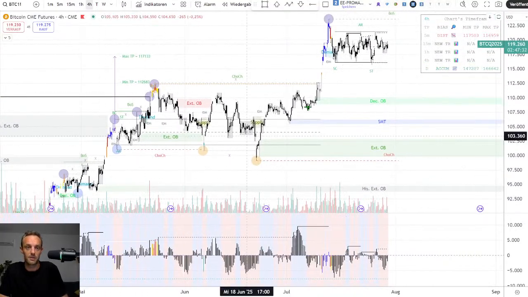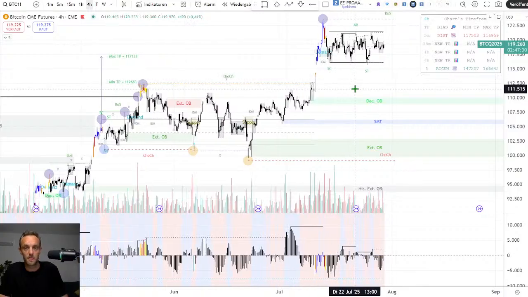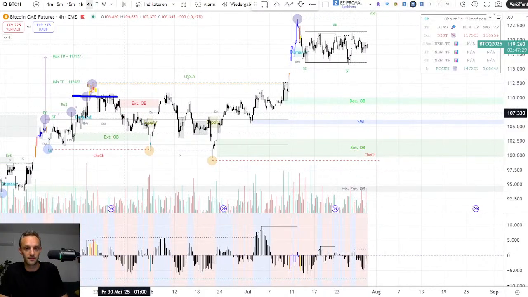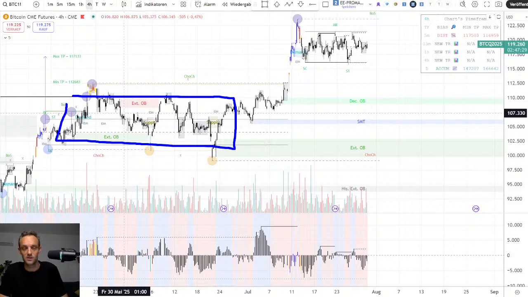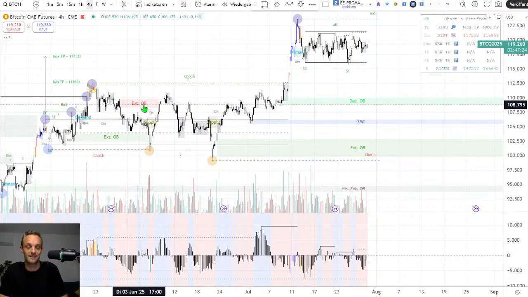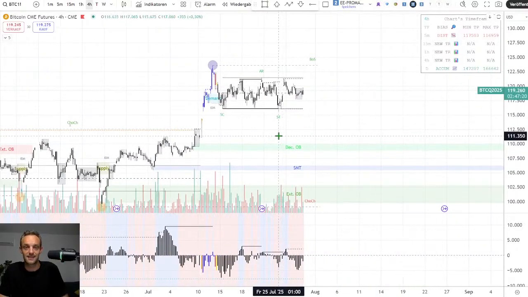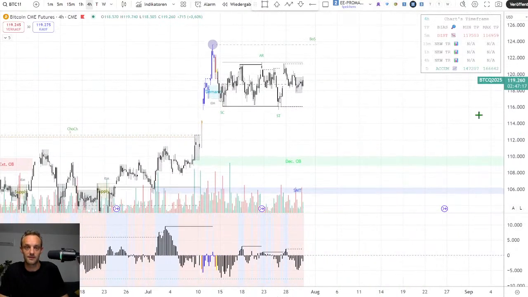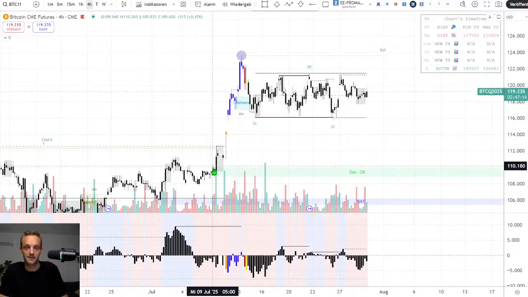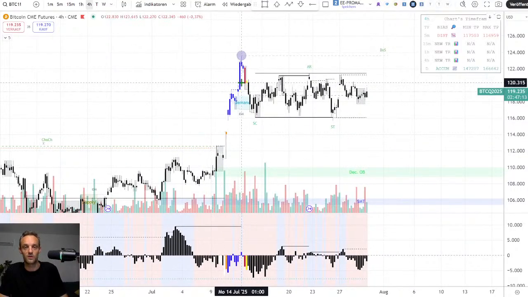Since then, Bitcoin is in this bull move, always building these range phases, accumulation phases, or distribution phases. And it is in this kind of phase since the last upward spike to new all-time highs at levels of 123,000.